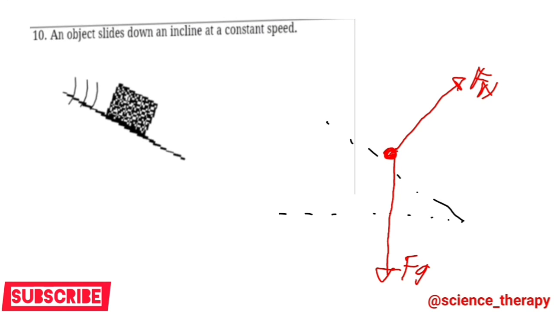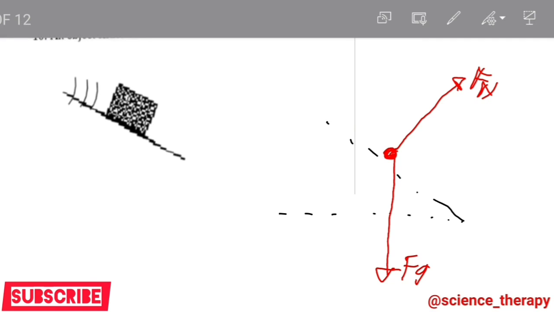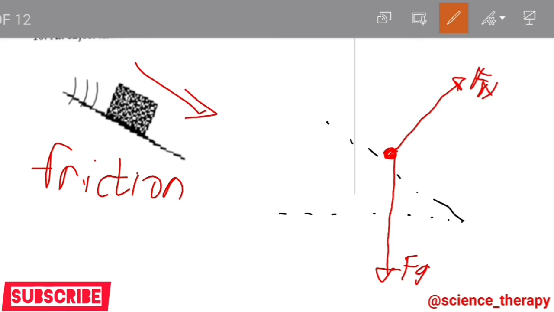Then there is no force applied, and we are not told that there is friction, right? But then let's assume that there is friction in our case, just for interest's sake. So if there is friction, what will happen? We know that the friction will oppose the motion. The object is sliding down. So frictional force will be this side, Fk, kinetic frictional force.